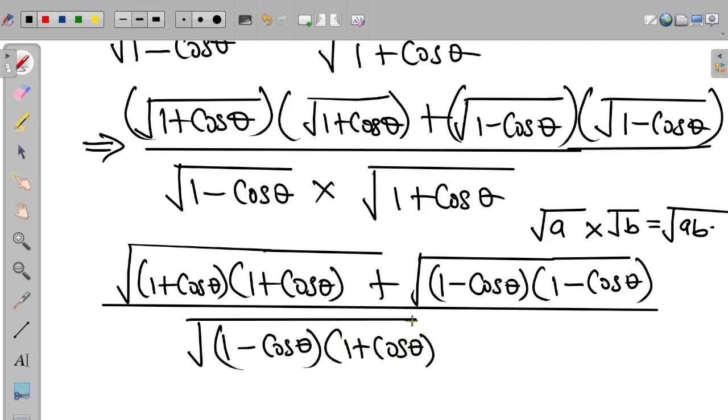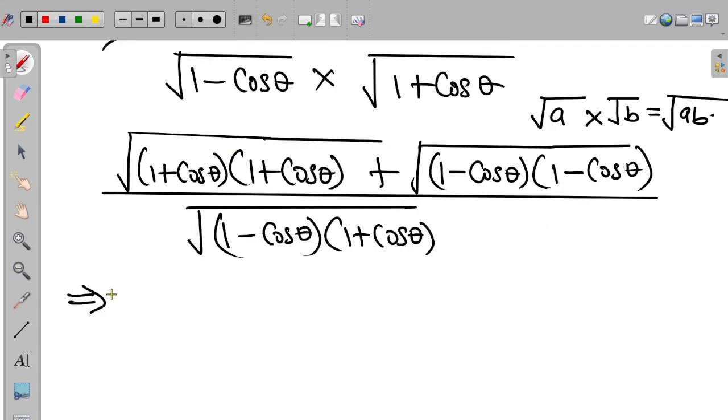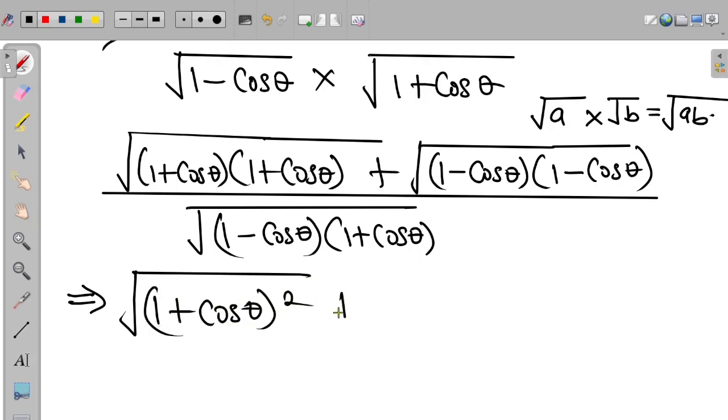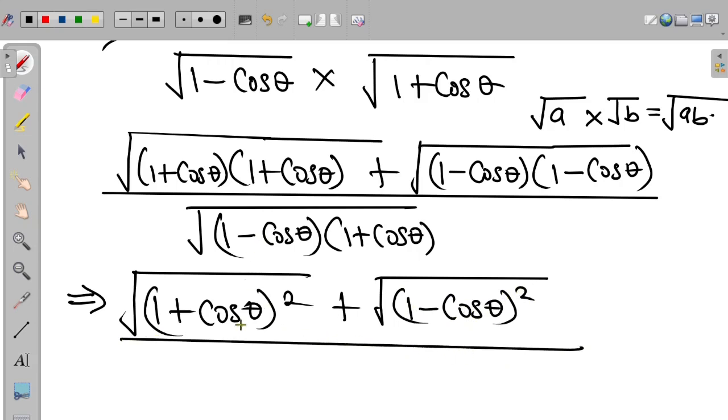Now, if you observe, the denominator is a difference of two squares. So at this point, the numerator becomes root of 1 plus cos theta all squared plus root of 1 minus cos theta all squared, all divided by root of 1 minus cos squared theta. This expression is a difference of two squares.